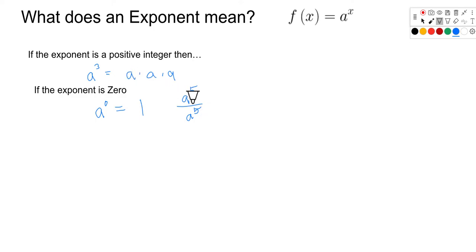A number divided by itself is a sort of definition of 1. We also could use exponent rules, and we get 5 minus 5, which gives us a to the 0. And that's why anything to the 0 power has to be equal to 1, to make these exponent rules and all of the other mathematics work.